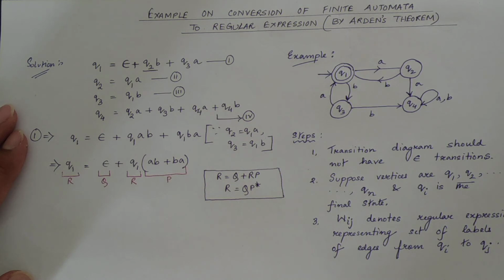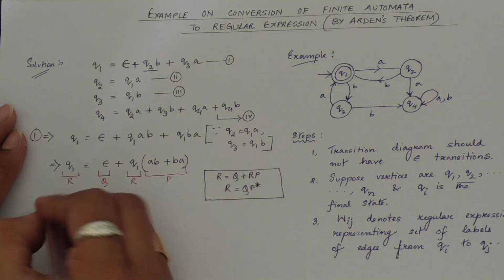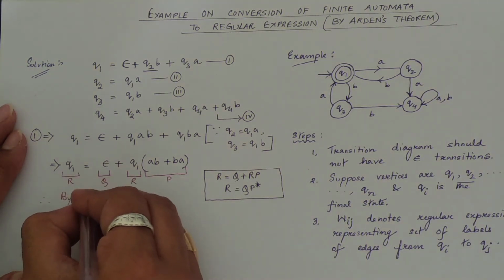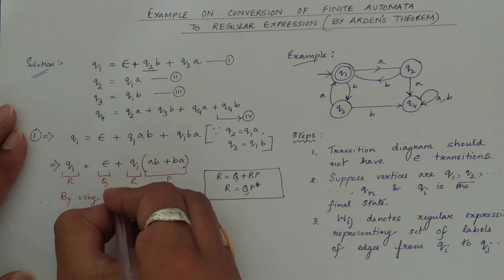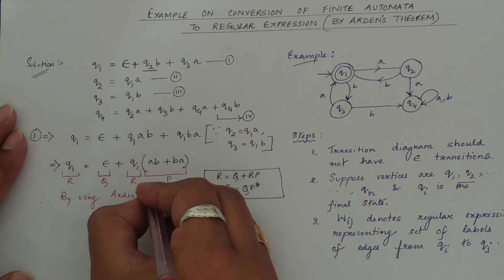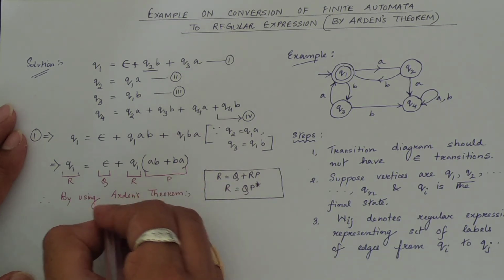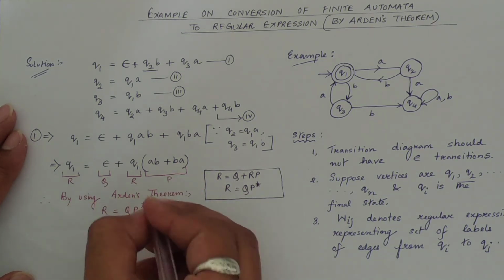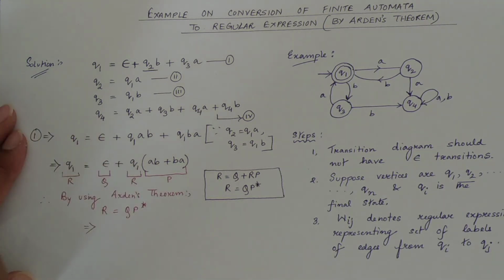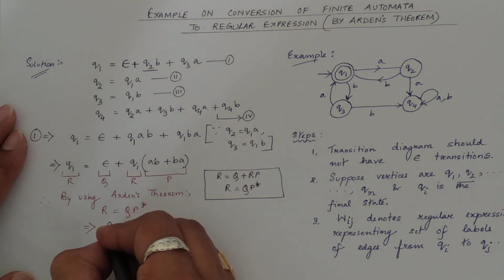Now you have to use your logic. By using Arden's theorem, what will be the answer? We have a unique solution for it, right? According to Arden's theorem, R equals QP star. So what is R over here? R is nothing but your Q1, correct?